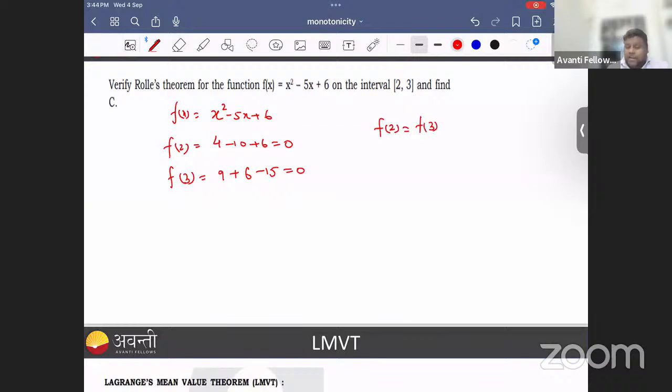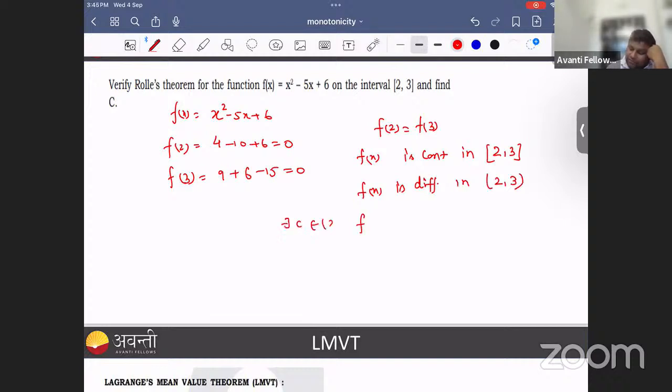Since it is a quadratic polynomial, we can directly say f(x) is continuous in 2 to 3. Then, we can also say f(x) is differentiable in 2 to 3. Yes or no? That means there must exist c which belongs to 2 to 3 where f dash c is 0.